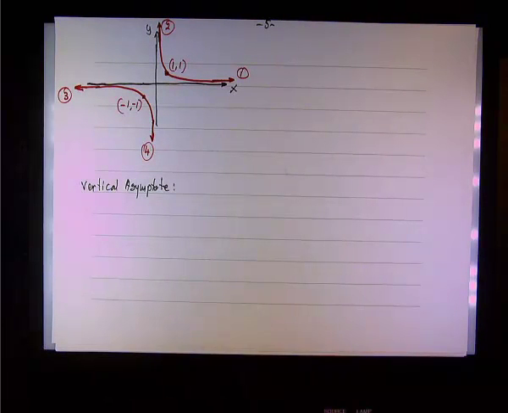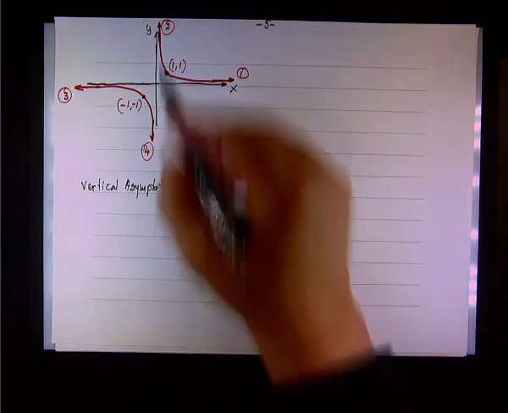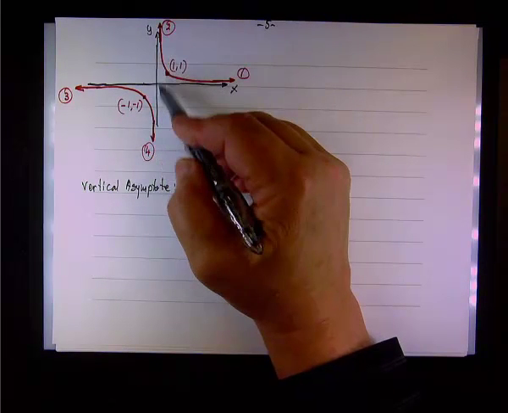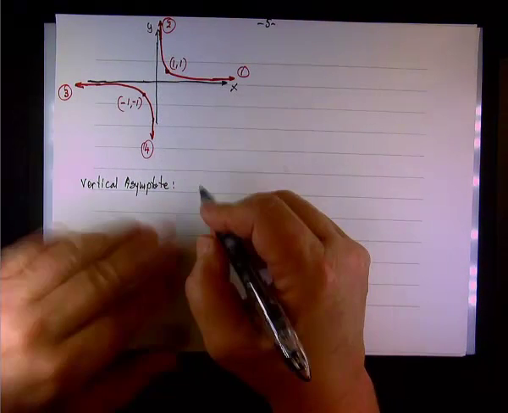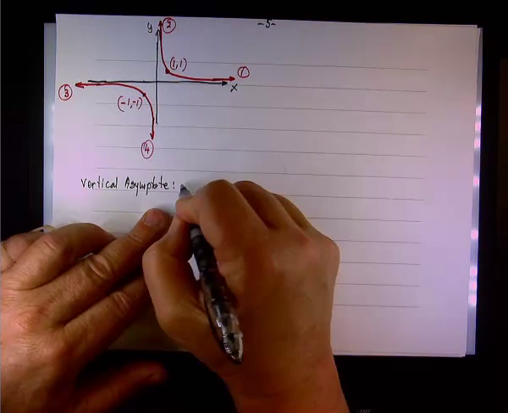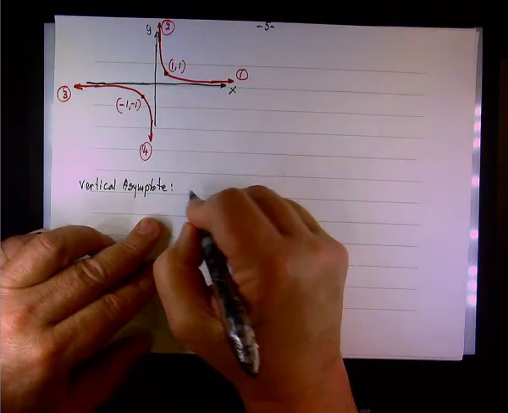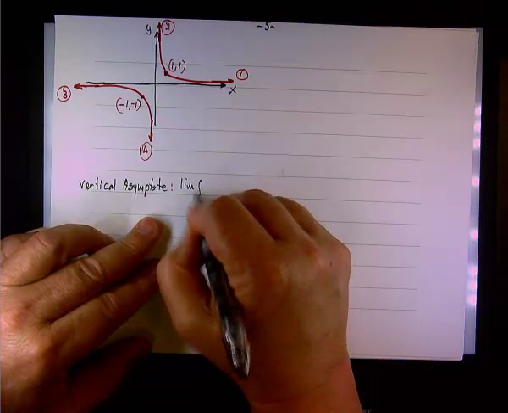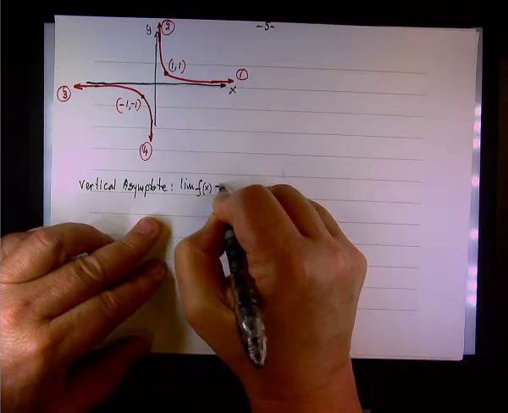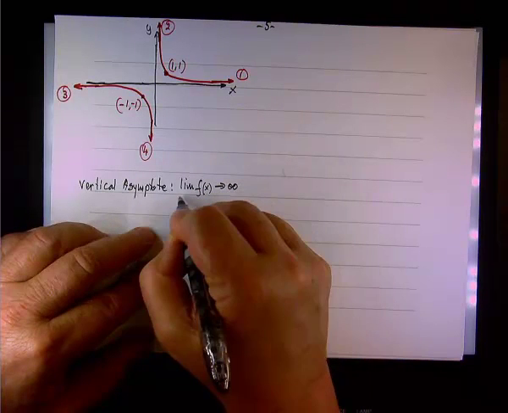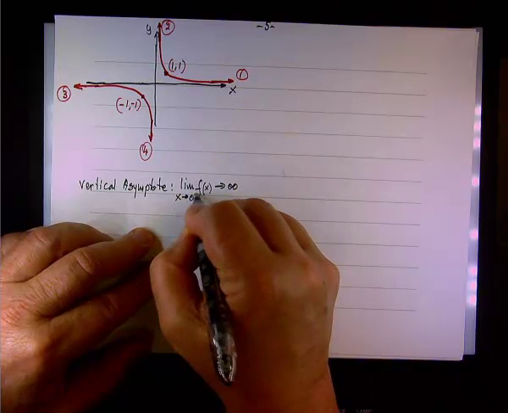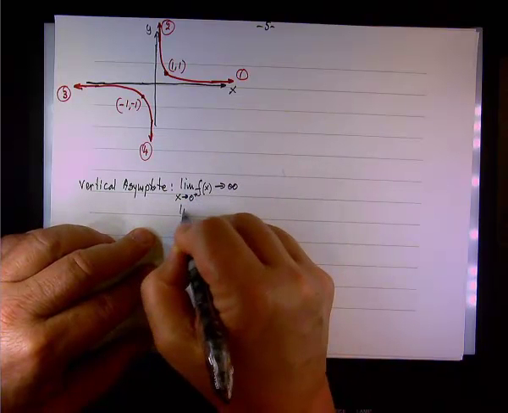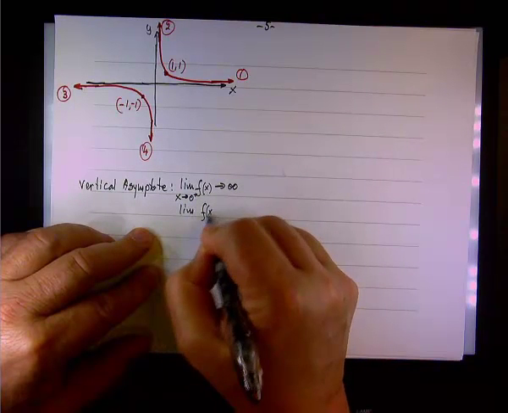Now, if we look specifically at this graph, we're going to say the following, that this graph has a vertical asymptote. In this case, the vertical asymptote is the y-axis, so x equals 0.